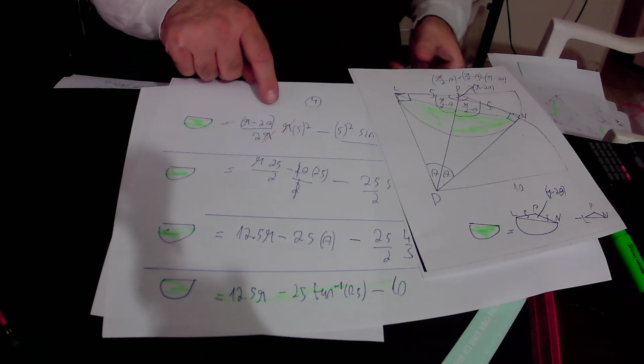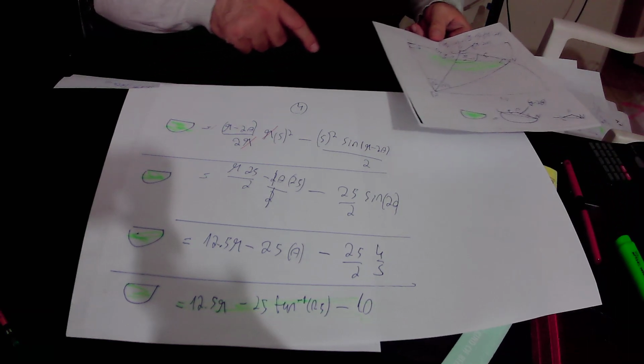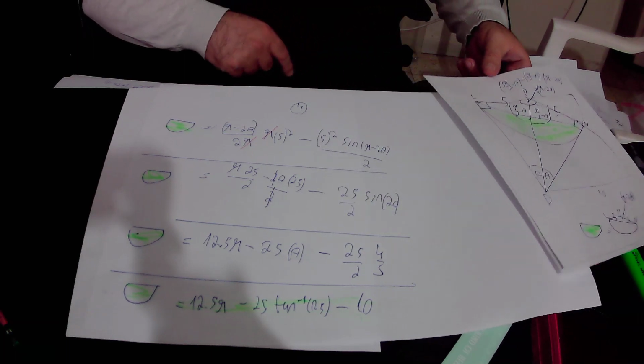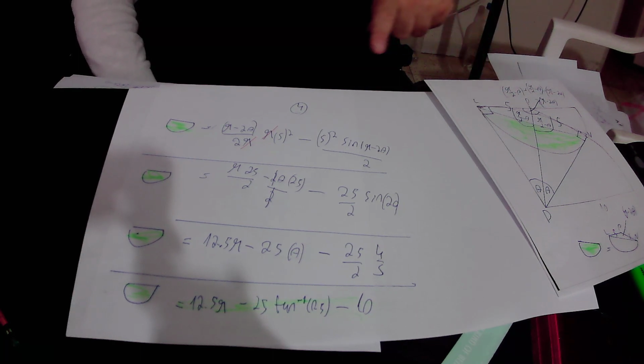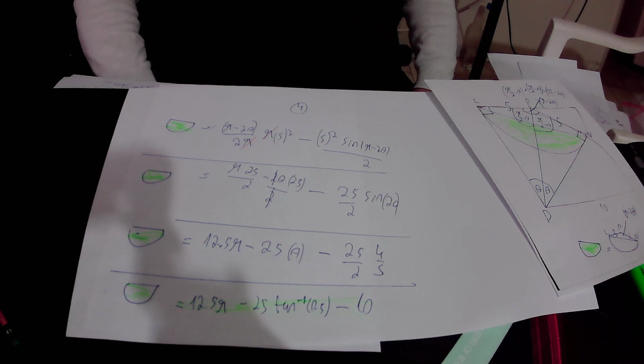We have theta in the numerator and theta in the denominator, so theta will get cancelled, minus the area of triangle LPN. The area of triangle LPN equals the multiplication of the sides of the triangle, that is 5 times 5 times sinus the angle between those two sides, that is pi minus 2 theta, all divided by 2.